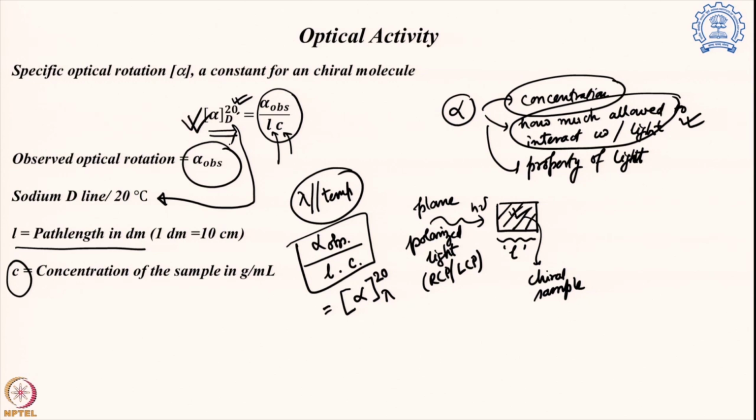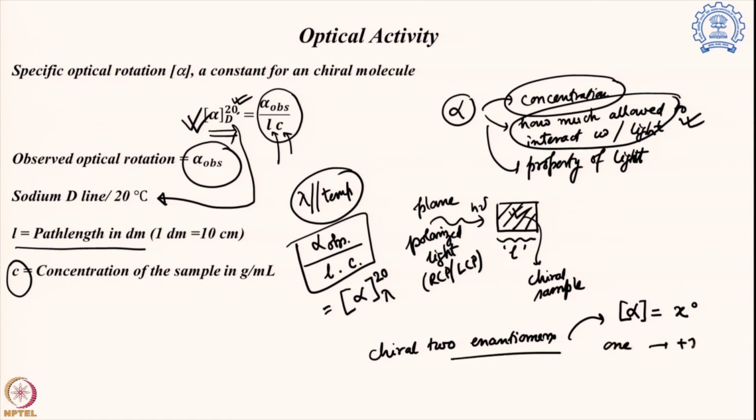So now, as we know, any chiral molecule has two enantiomers which are just mirror images of each other. So they will have alpha values of exactly the same magnitude. So it is x degree they are rotating, but for one enantiomer it will be plus x, the other one will be exactly the same value but opposite, minus x degree.